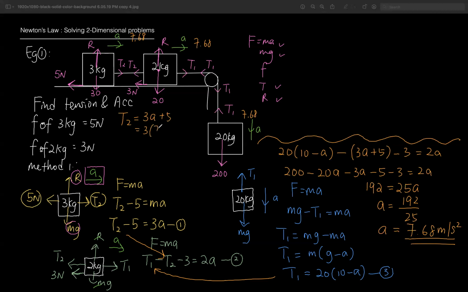That's 3 times 7.68 plus 5, 28.04 Newton. And T1 equals 20 times (10 minus 7.68), 46.4 Newton. Okay, so this is solving using method 1, which is drawing the free body diagram of each body, and then you just solve it simultaneously.